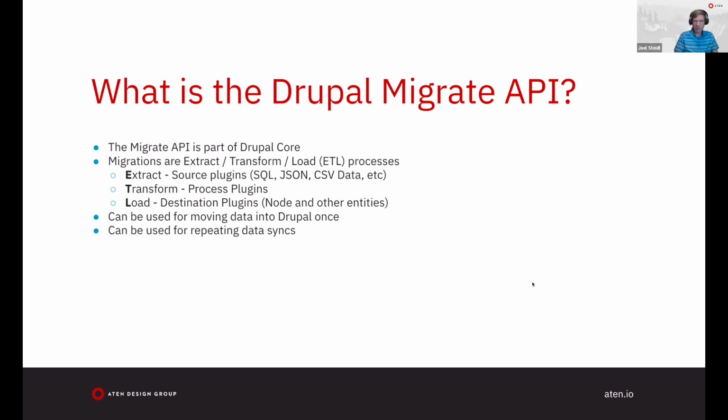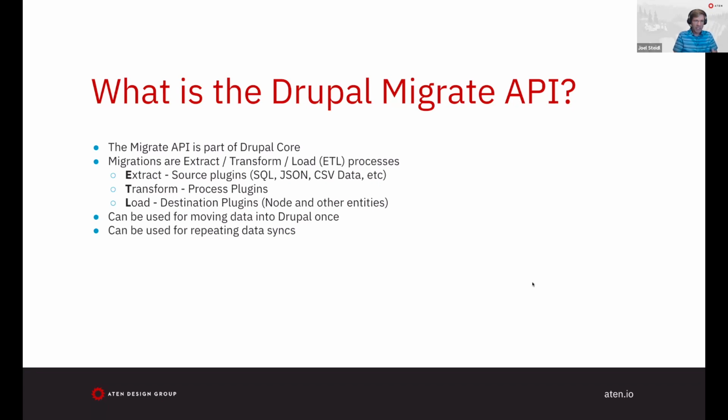And I'll talk about source plugins, which are kind of like what informs Drupal of where to get the data from. So that might be a MySQL database, like an existing Drupal website, say a Drupal 7 site, or JSON data, or CSV data, or whatever.